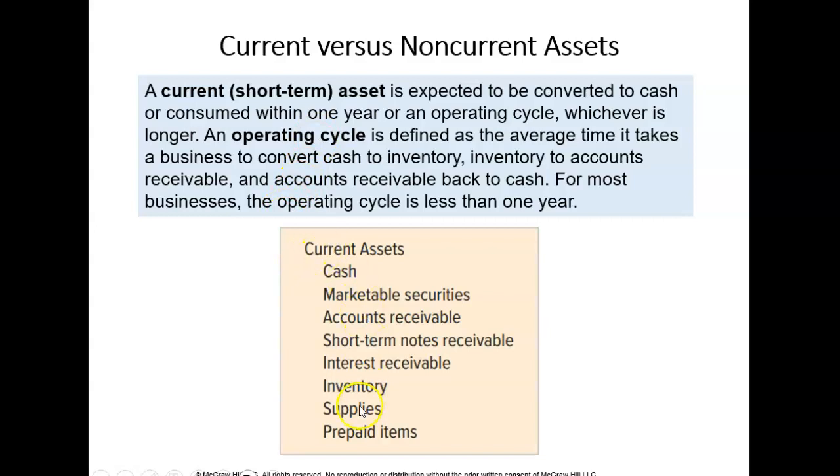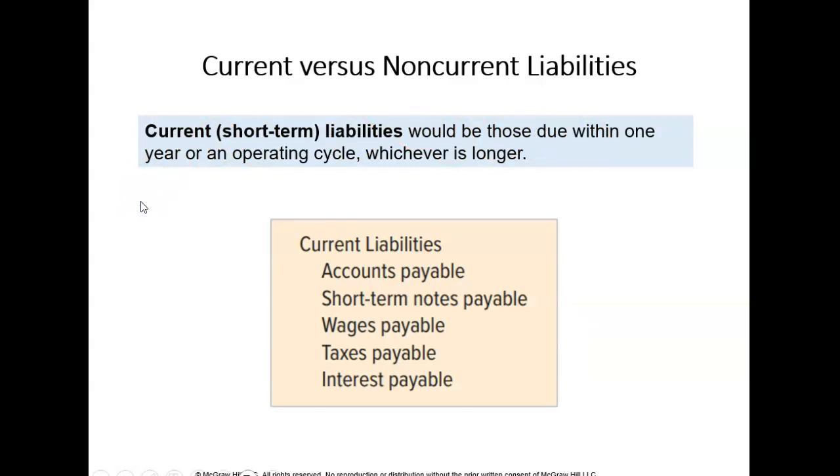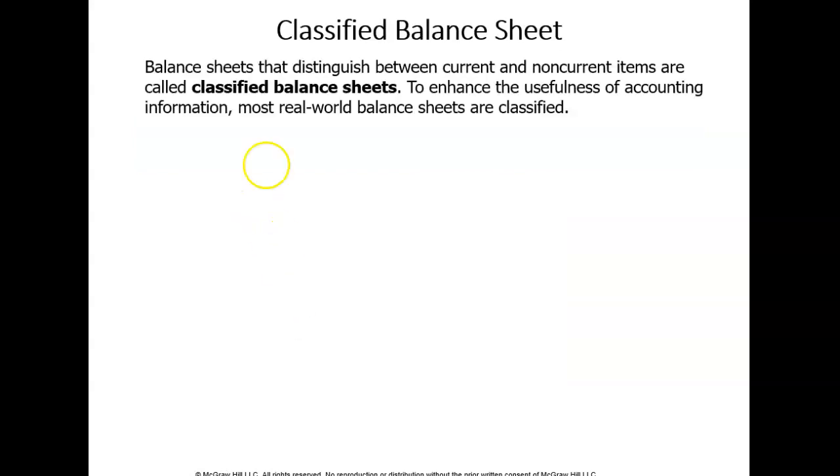So these are examples of different types of current assets: cash, marketable securities, accounts receivable, etc. When you have current or short-term liabilities, these liabilities will be due within 1 year. So examples would be accounts payable, short-term notes payable, wages payable, examples of different types of short-term liabilities.